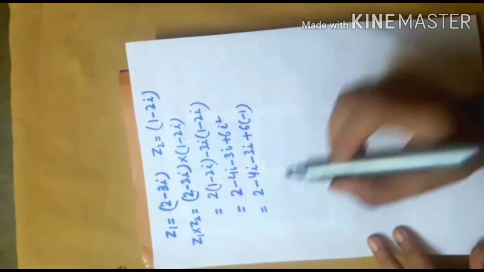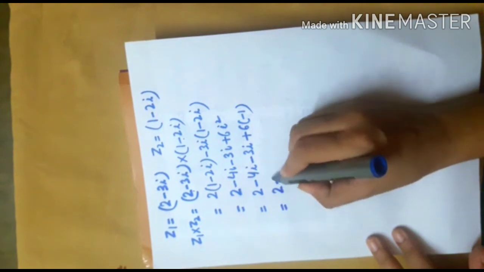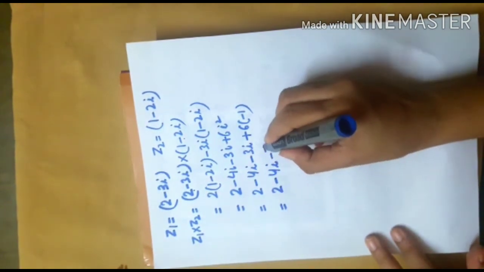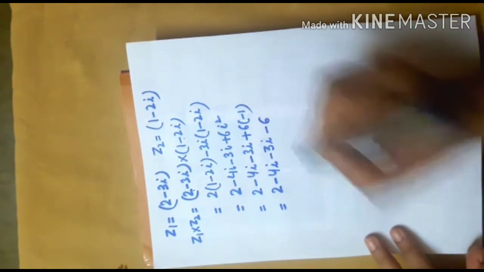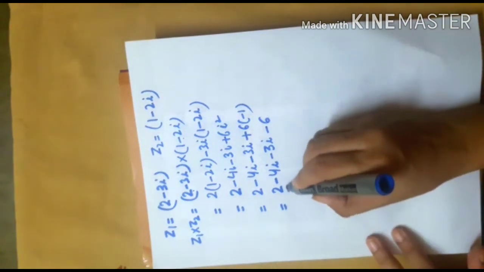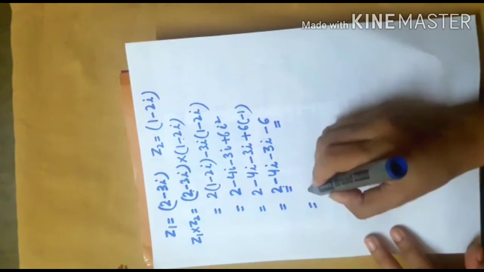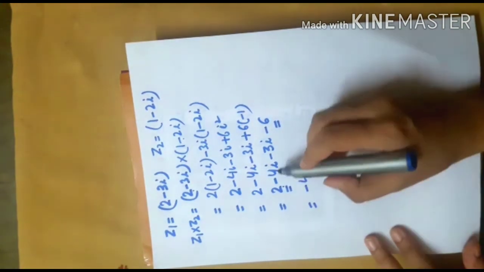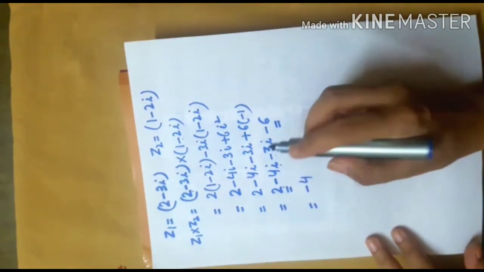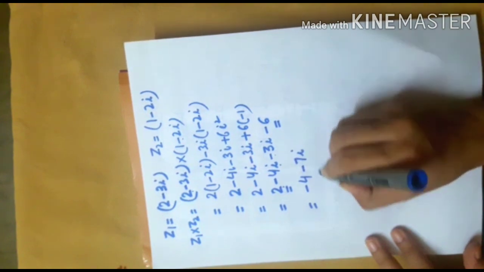Iota square is minus 1. So it's 2 minus 4 iota minus 3 iota minus 6. Now combine the real parts. So 2 minus 6 will give you minus 4. Minus 4 iota minus 3 iota will give you minus 7 iota.